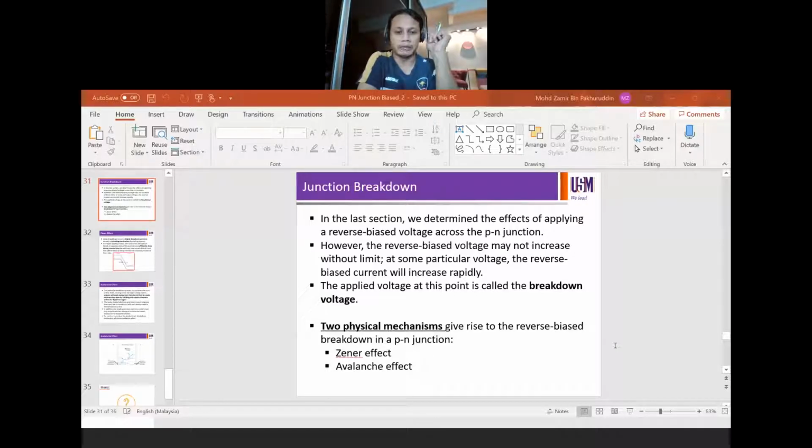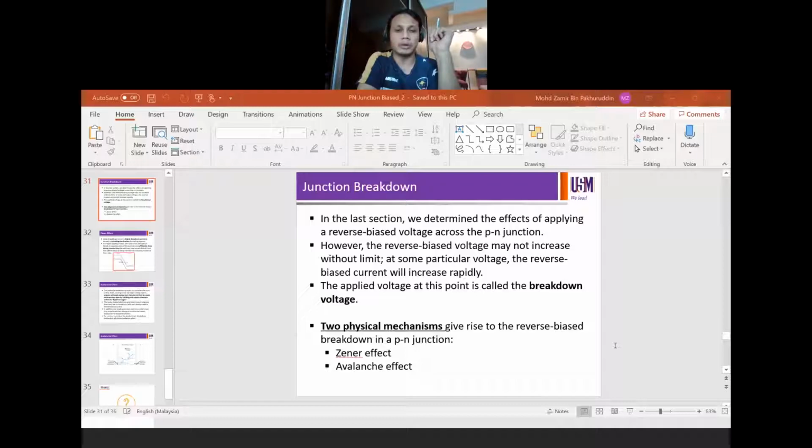The junction will break, and ideally you don't want the junction to let the current flow in both directions, right? Because it's a diode, you want the diode to conduct in one direction only, but when it hits the breakdown point in the negative direction, the current will be conducted as well.